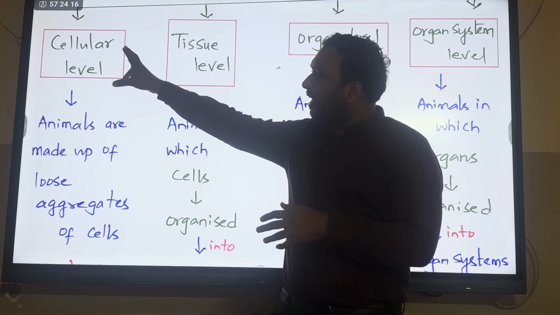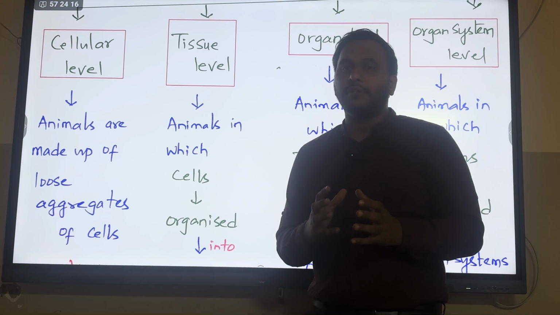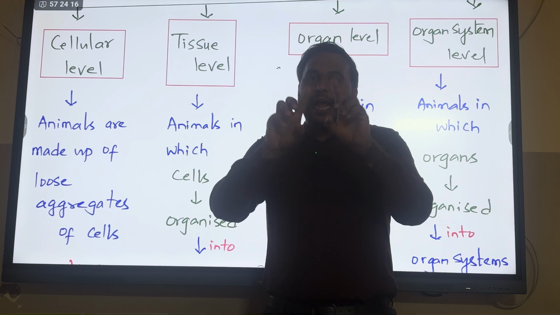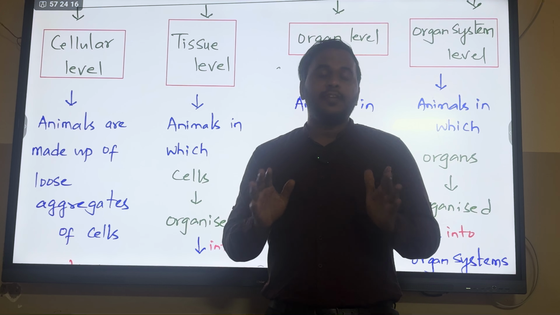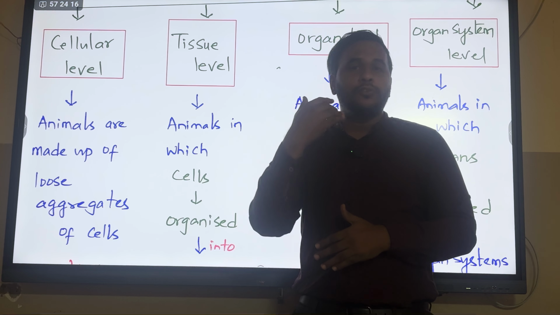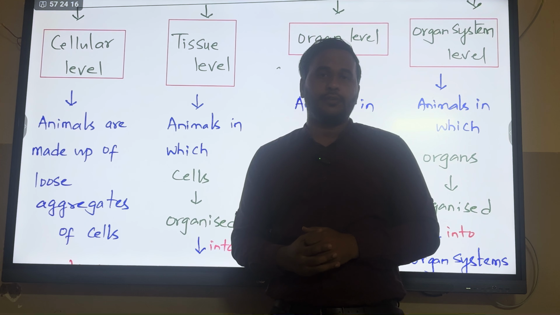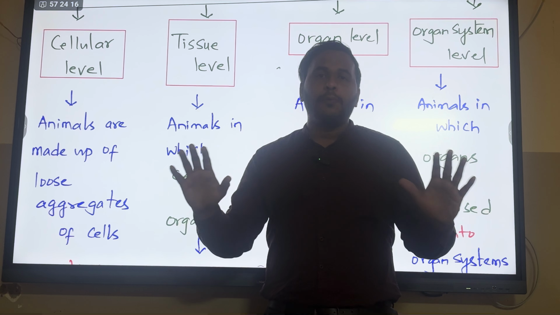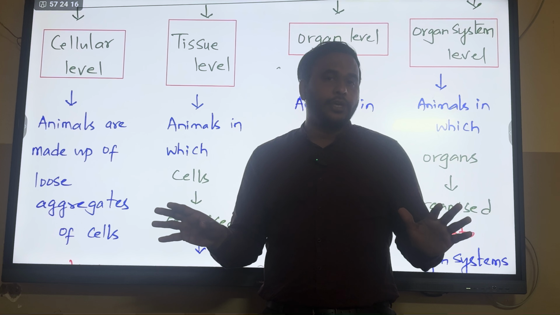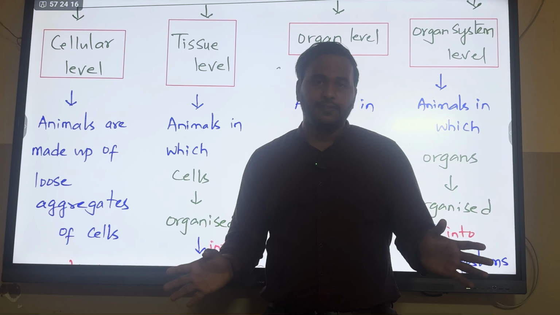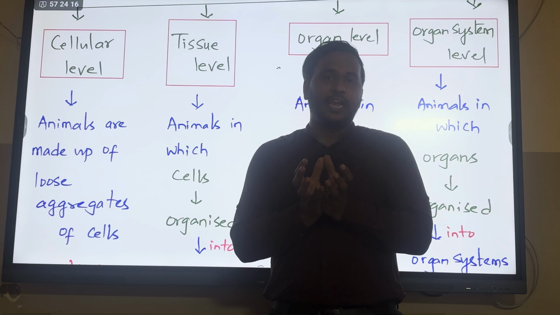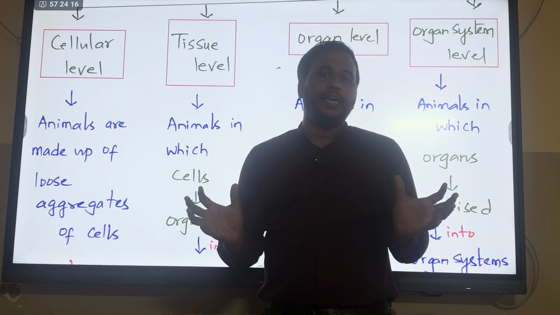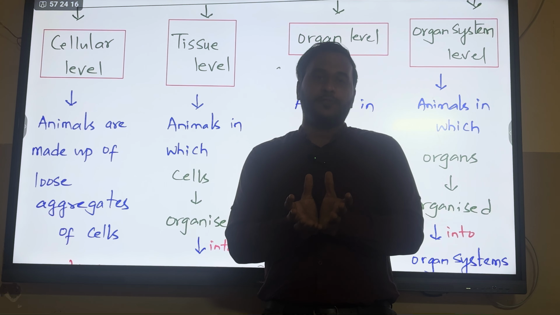So now let us understand what the cellular level of organization means. In this, the animal will be solely composed of cells. That means there are no tissues, no organs, no organ systems. The organism is purely composed of cells. Only cells you will find, like a mass of cells.